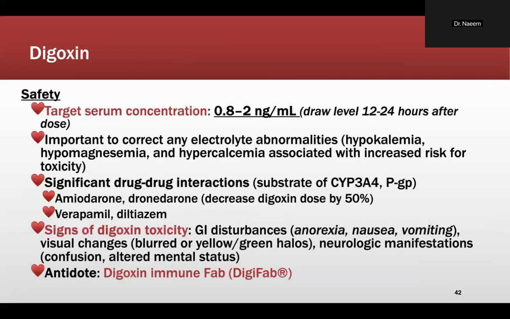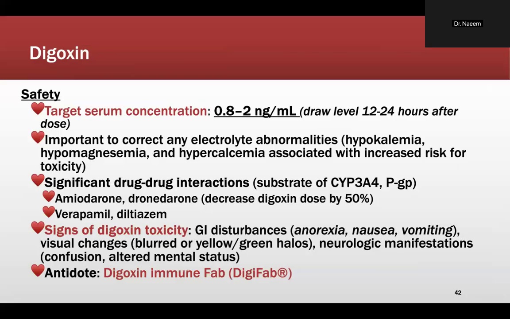As far as levels go, for the serum concentration for digoxin, we aim for between 0.8 to 2. Just to clarify this, and I'll probably have to issue an announcement, the exact therapeutic window is now considered to be 0.8 to 1.2, not 2. So something to keep in mind with that.